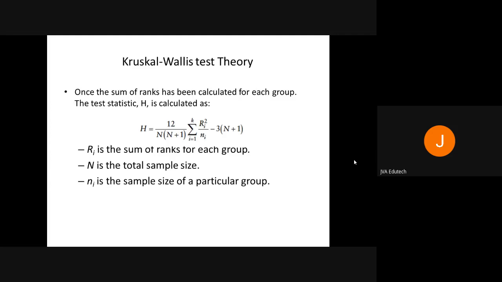Now, the theory behind the Kruskal-Wallis test is that it is very similar to the Mann-Whitney. I already told you that it's an extension of the Mann-Whitney test, and also the Wilcoxon rank-sum test. So, like the Mann-Whitney test, the Kruskal-Wallis test is also based on ranked data.